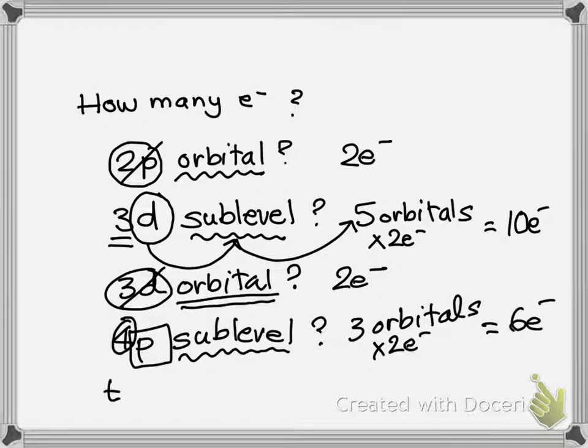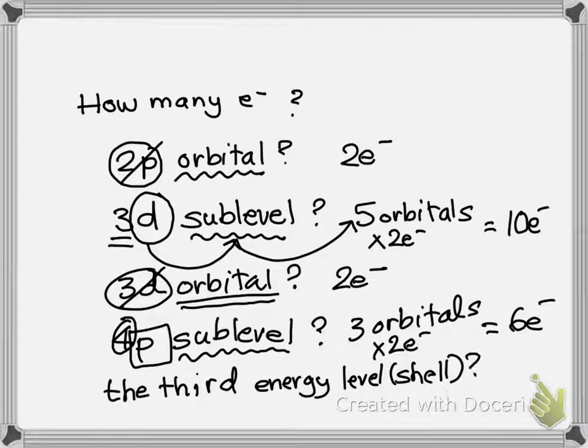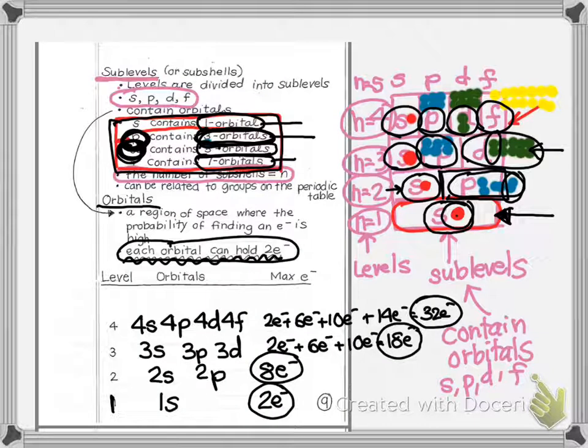Now, what if it asks for the third energy level, or the third shell? Remember, sometimes they call it shell. If they're talking about a whole energy level or shell, then they're talking about everything that's on that level.